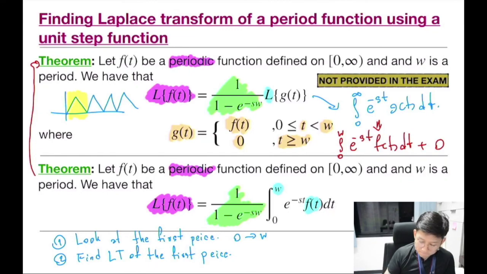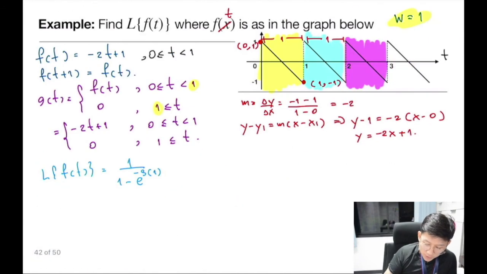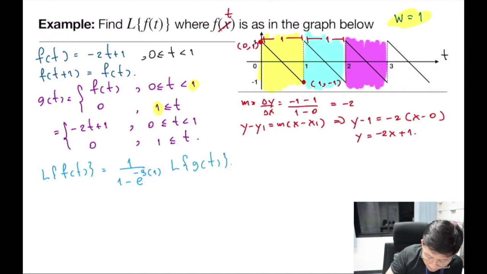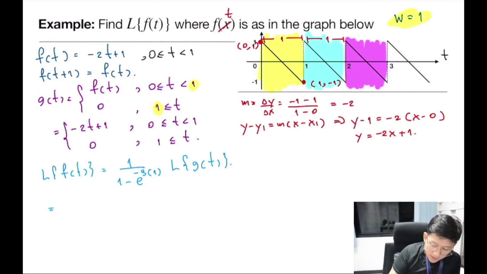So here we have s and w is 1, and then the Laplace transform of g(t). That becomes 1 over 1 minus e to the minus s.